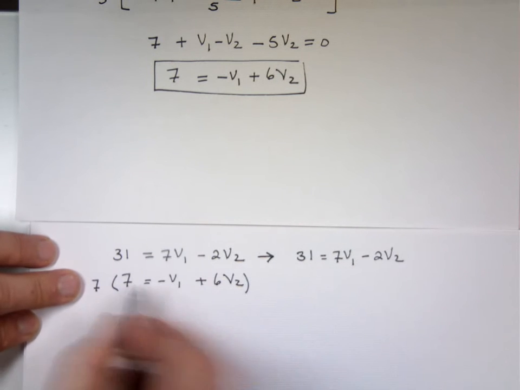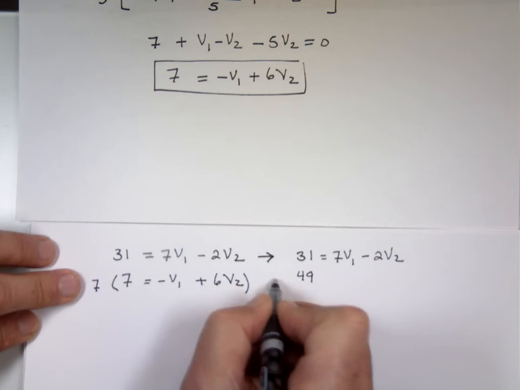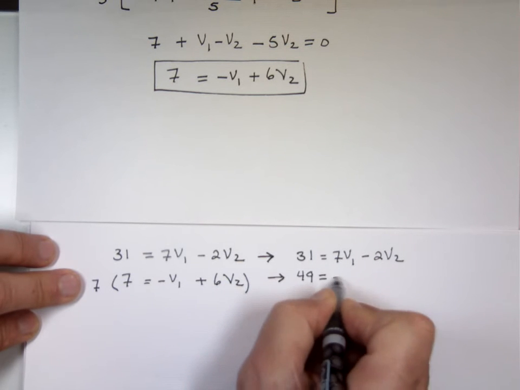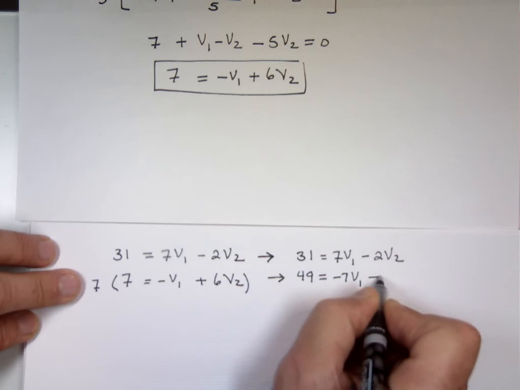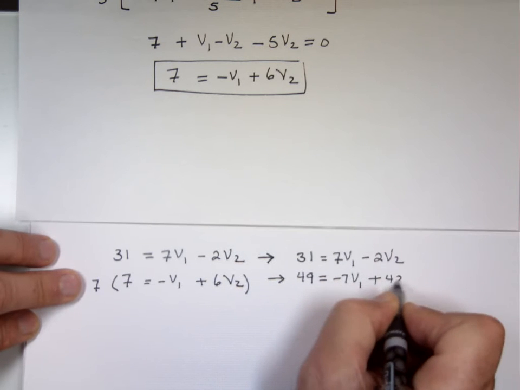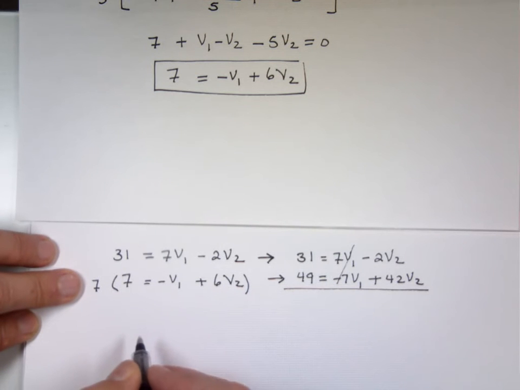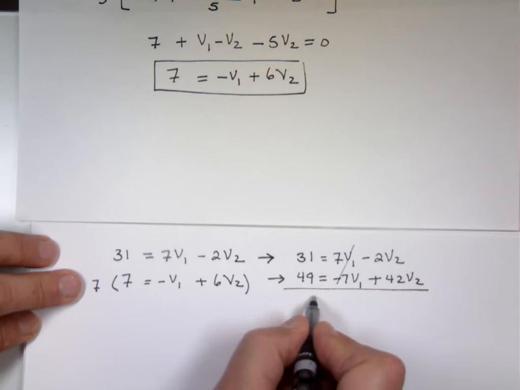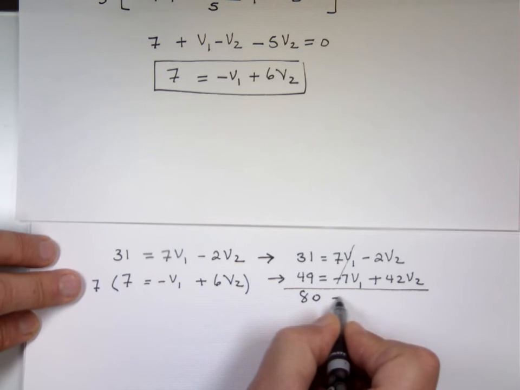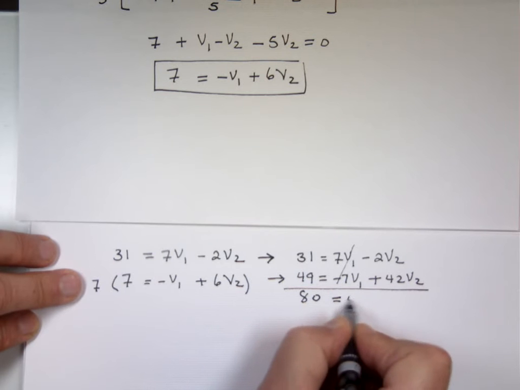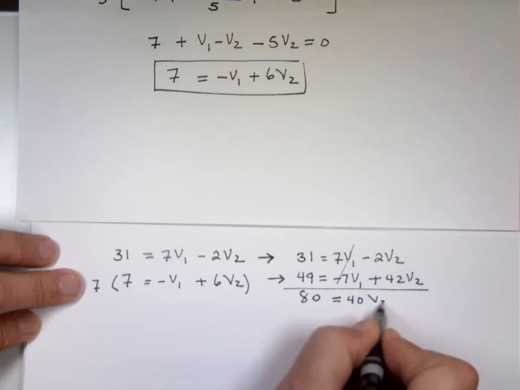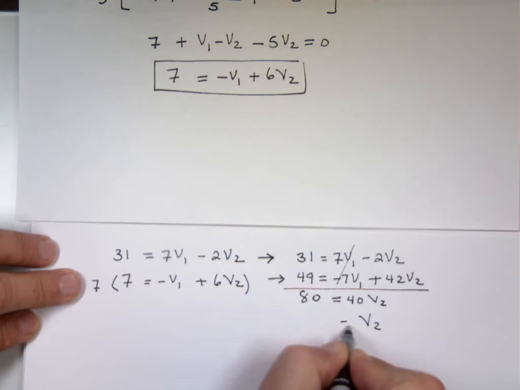Multiply by 7, that's a 49. Negative 7 V1, 6 times 7, 42 V2. When you add the two of them, V1 is gone. 9 and 1, 10, 0, carry 1, that's an 8. 80 equals what? 40 V2. What's V2 equal to? 2.